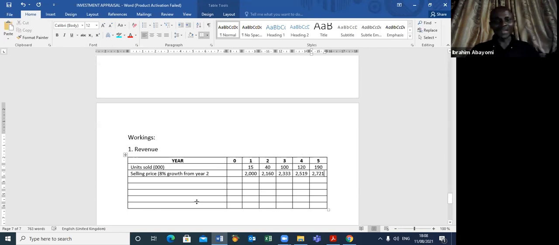These are the selling prices. So what will I do? I will now underline and add and multiply.